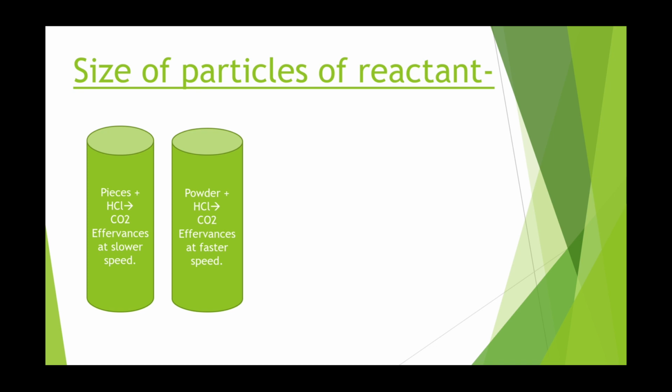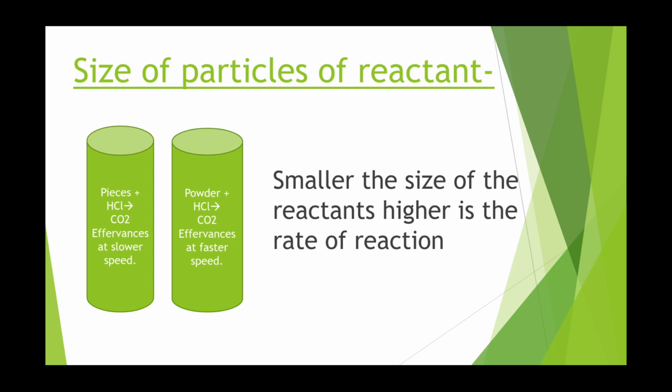As compared to the pieces of Shahabadi tiles, when we take the powder to react with hydrochloric acid, the carbon dioxide effervescence is evolved more fast. What can we conclude here? We can conclude that the smaller the size of the reactants, obviously the higher the rate of reaction.